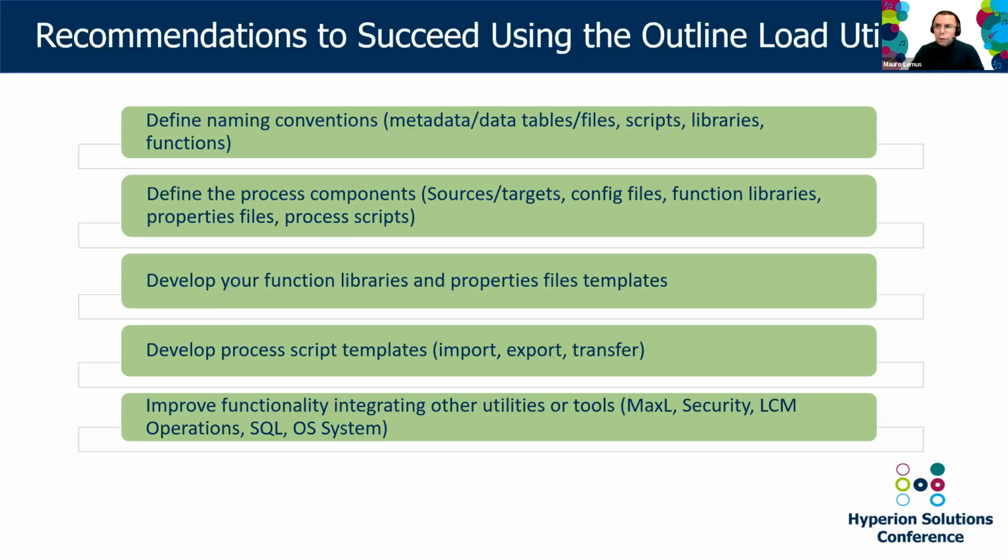So don't use direct calls to the outline load utility in your main process script with a huge number of parameters, because if something changes, you have to go through all these calls and change that. It also makes it really difficult to understand. So your scripts will be cumbersome, clunky, and there is a lot of information there that at first glance will look like a lack of organization in your script. So a good practice is to create the libraries, that's the whole point of this conversation.